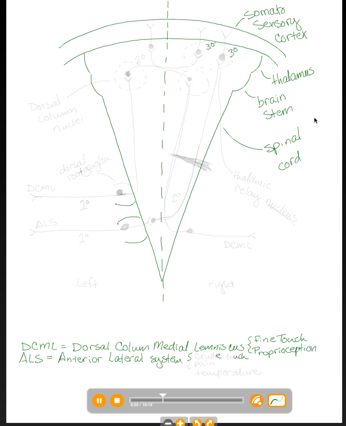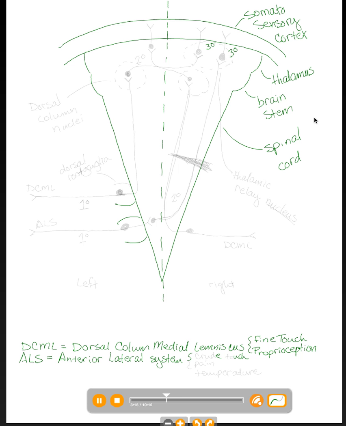Proprioception is knowing where you are in space, like where your hands are in relation to your body. Think of it like if your eyes were closed, you still know where your hands are. You can put your hands together, you can touch your face, you still know that physical area.